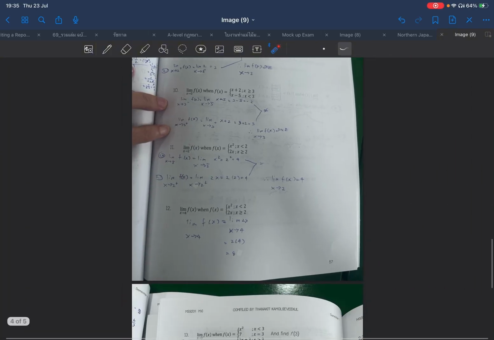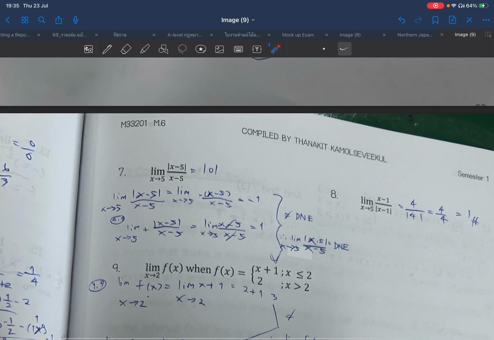Page 57. The limit of absolute x minus 5 over x minus 5 as x approaches 5. For the left-hand limit, x is less than 5, absolute x minus 5 is minus x minus 5, giving minus x minus 5 over x minus 5 equals minus 1.